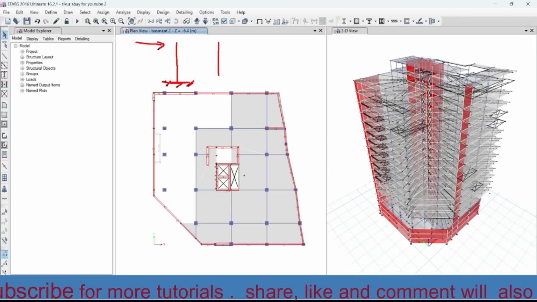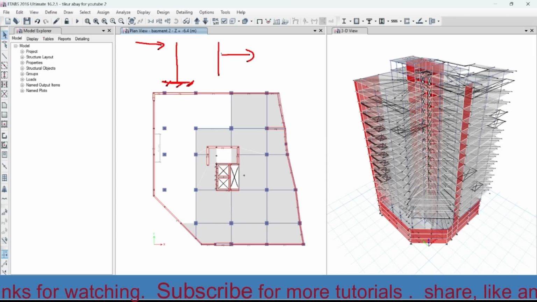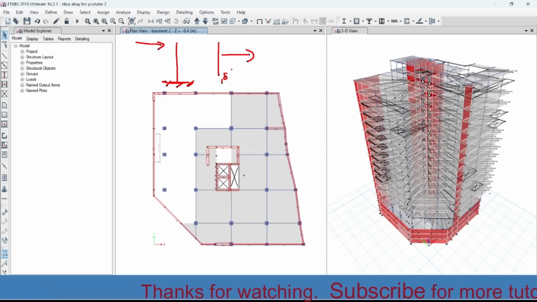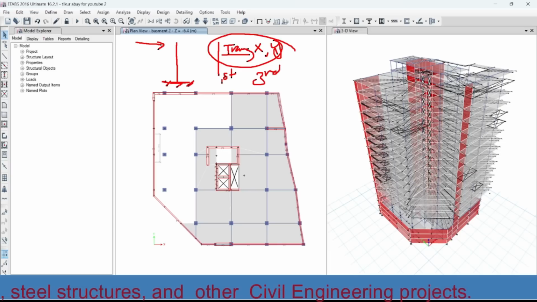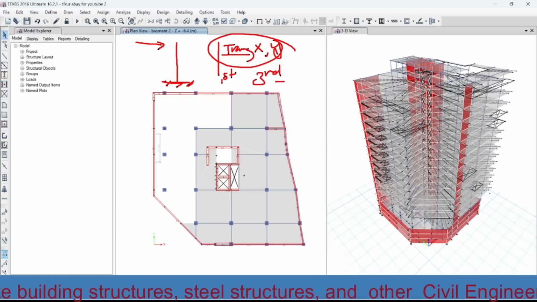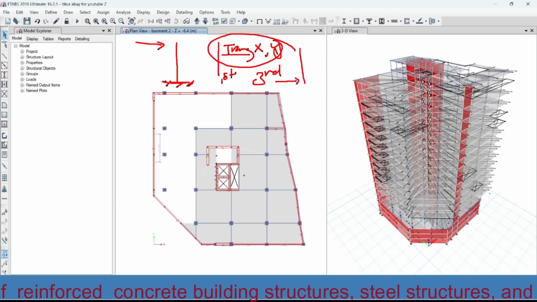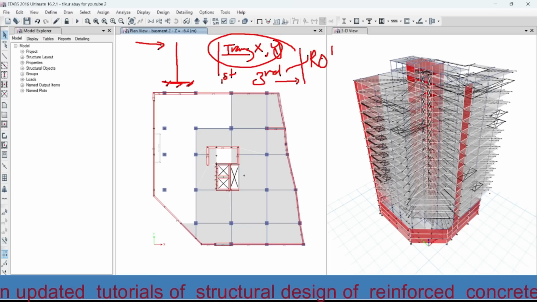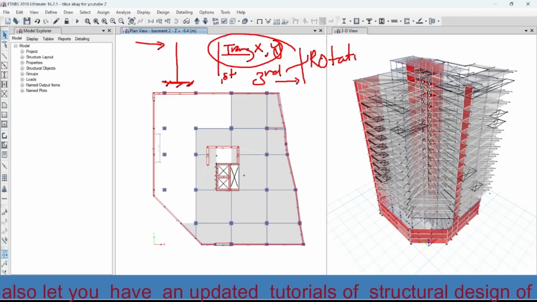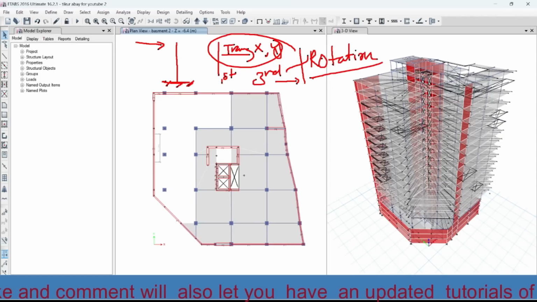The first mode is always translation, in the x or y direction. And the third mode is torsion, that is rotation.